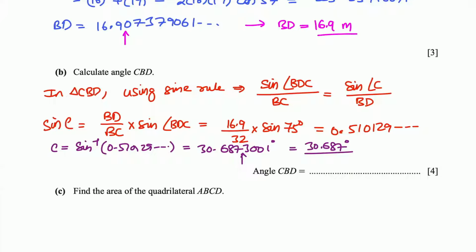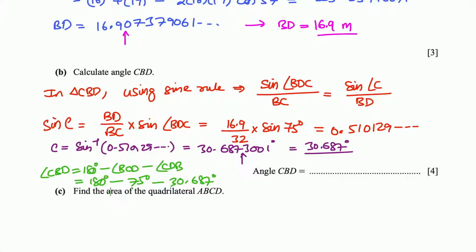Now I know angle C, I know angle D. So what will be angle CBD? Angle CBD will be equal to 180 degrees minus angle BCD minus angle CDB. This is equal to 180 degrees minus 75 degrees minus 30.687 degrees.